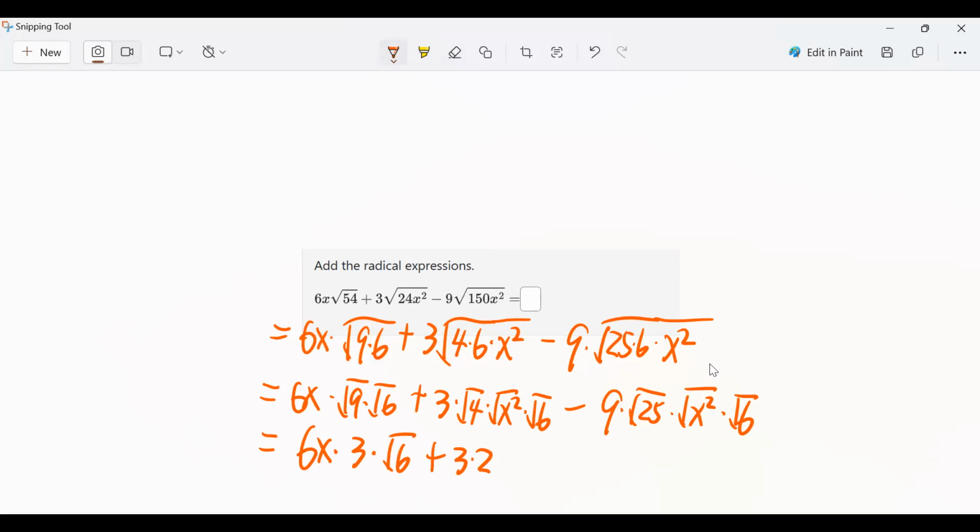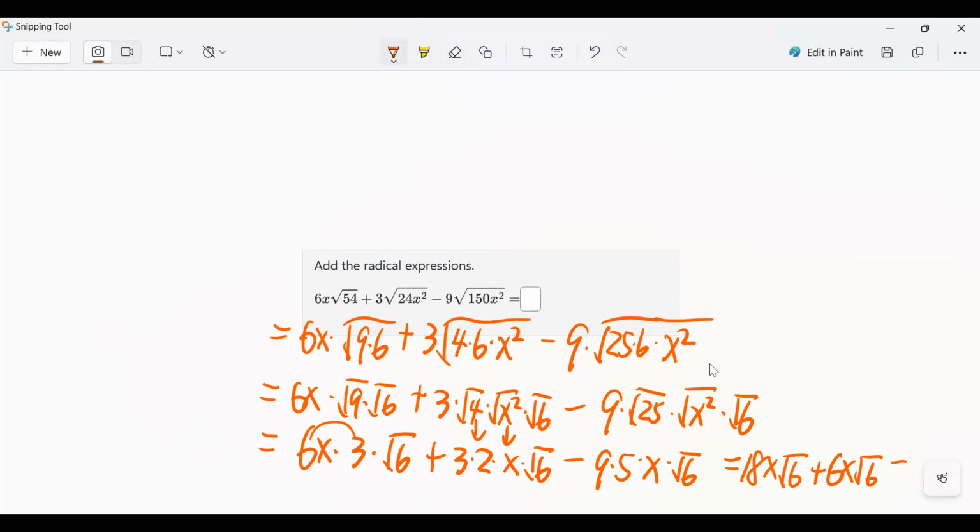Here will be 3 times 2 times x radical 6. The last one is 9 times 5 times x radical 6. Again, multiply: 6x times 3 is 18x radical 6, plus 3 times 2 is 6, 6x radical 6, minus 45x radical 6.